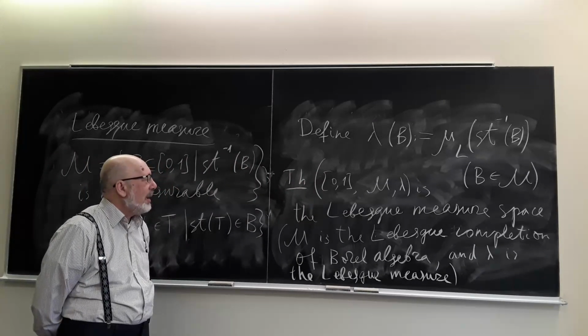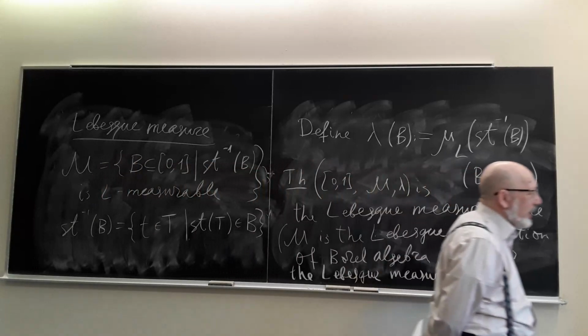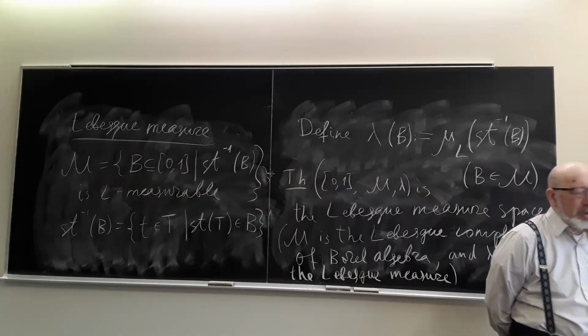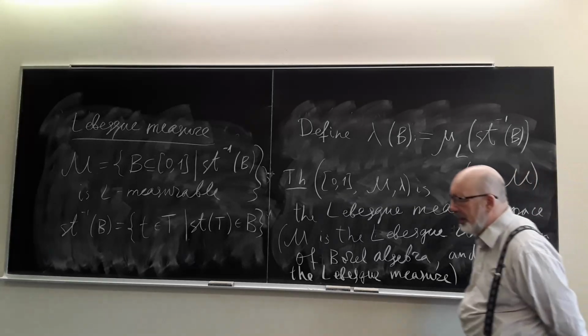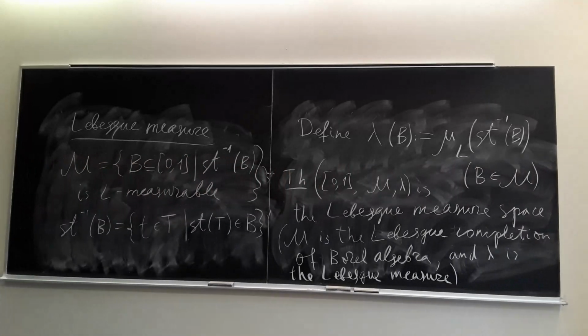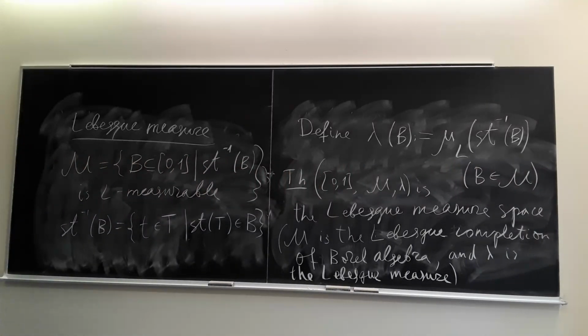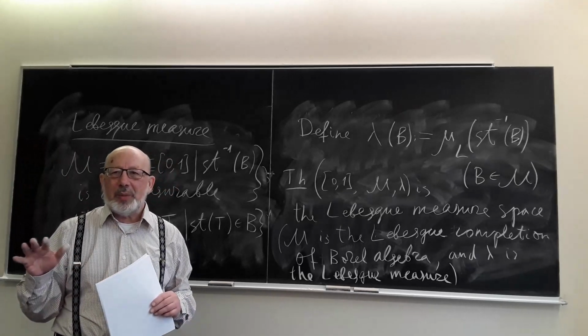On Borel sets, we can always define the Lebesgue measure, because Lebesgue measure is countably additive. And we also add the null sets, Lebesgue null sets, such that the measure is 0. This means they can be included in Lebesgue measurable sets of arbitrarily small Lebesgue measure.